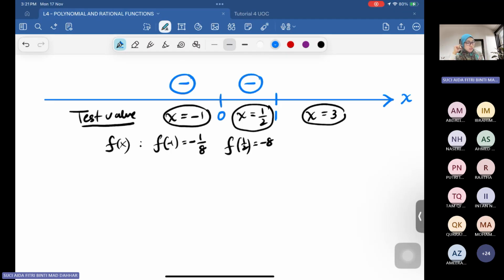Now after 1, calculate, key in 3, I've got +1 over 8. So f of 3 here, I got +1 over 8. So this is positive now. Negative, negative, positive. Okay, now that we have the signs, we are ready to sketch them.